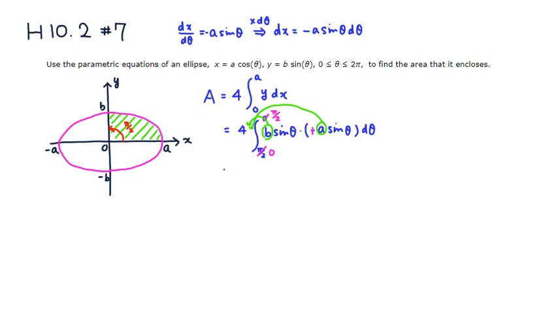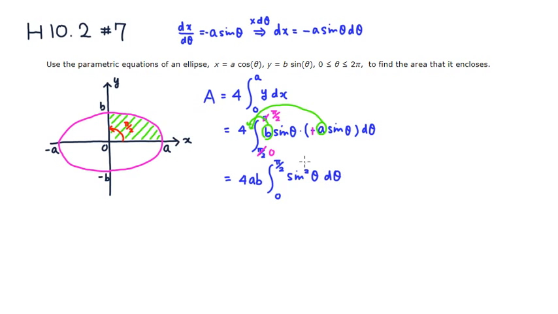So this is going to be equal to 4ab times what's left: an integral from 0 to pi over 2 of sine times sine, so sine squared of theta d theta.